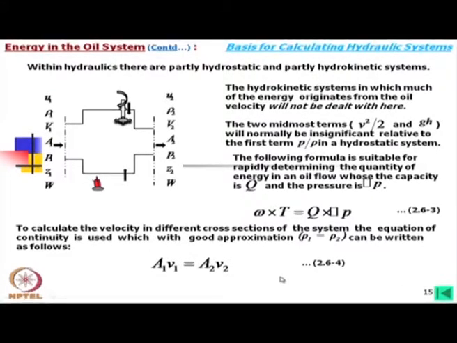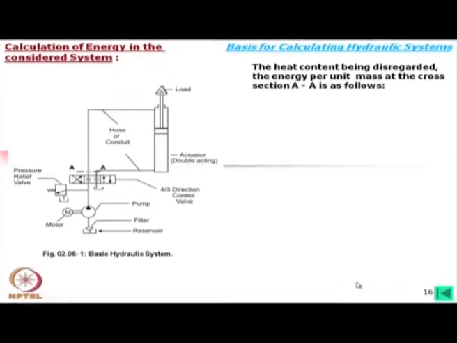To calculate the velocity in different cross sections of the system, the equation of continuity is used, with the good approximation that rho 1 is equal to rho 2, that the density will be the same, and specific weight will be the same everywhere. So simply we can write A 1 v 1 is equal to A 2 v 2. Whatever the area, the velocity will increase accordingly. So, this is the continuity equation.